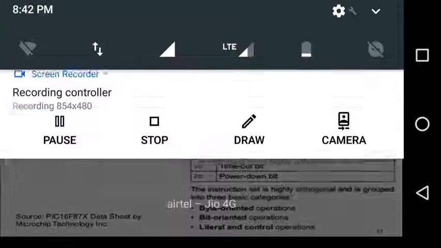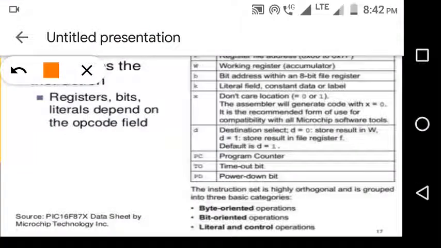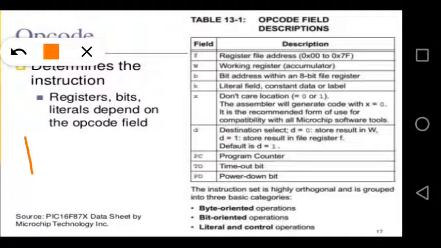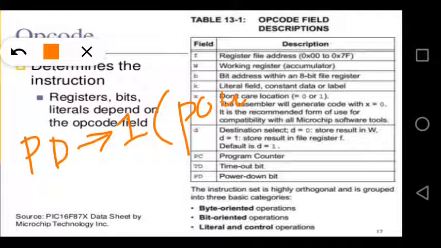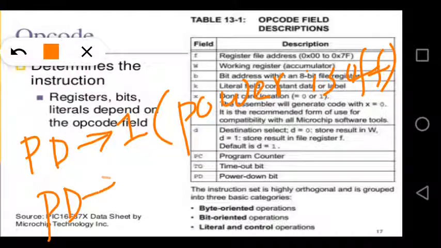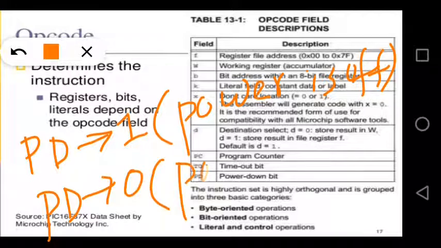The specialty of this power down bit is that when you set PD to 1, then power is off. When PD is equal to 0, power down is on.